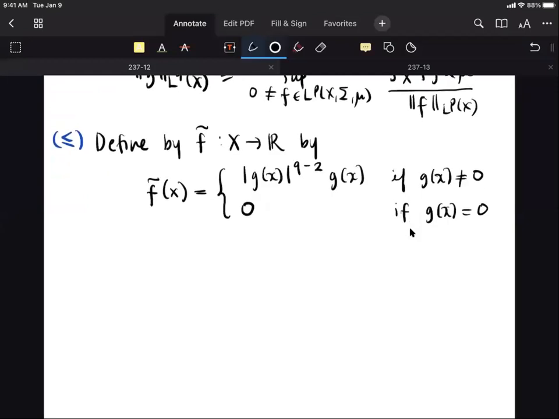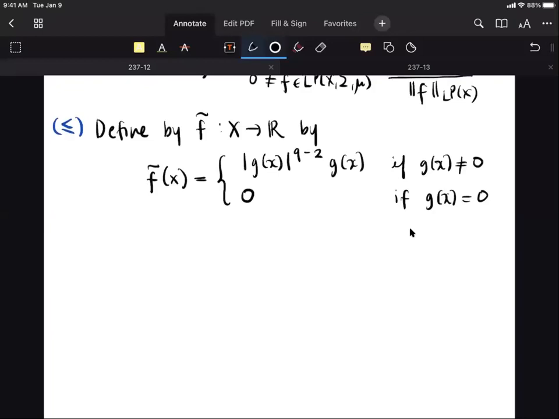In the case where g of x is 0, we simply define f tilde to be 0. Of course, one can easily show that f tilde is measurable due to the measurability of g. Take note that the product of q minus 1 and p is equal to q.